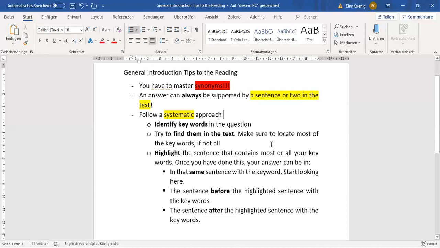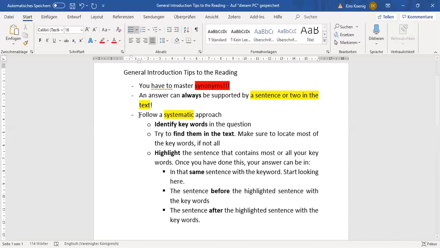And that will mean that you are able to apply and use synonyms. You know how to use a word in different ways, and know related words of a particular word. Synonyms are the most common of the tricks that you really need in the reading section. So it's very important that you master them.